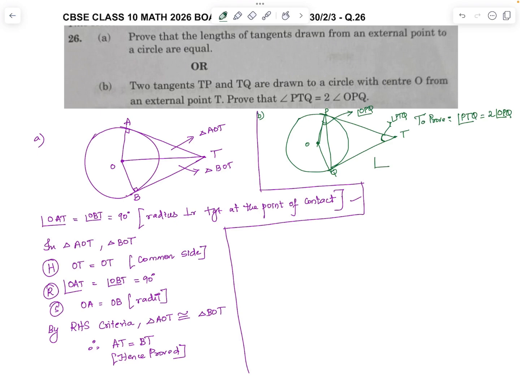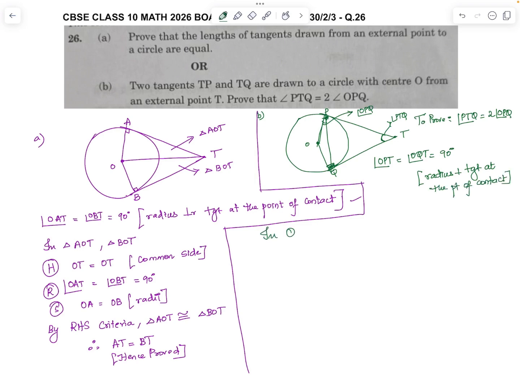Here we know that angle OPT, that is this angle, and angle OQT, this angle, is equal to 90 degrees. The reason being radius is perpendicular to the tangent at the point of contact.